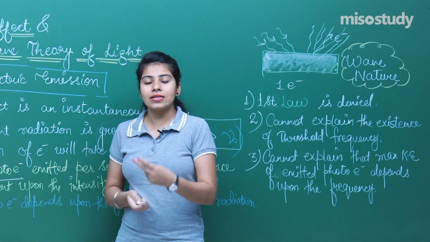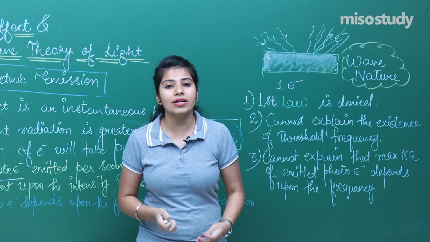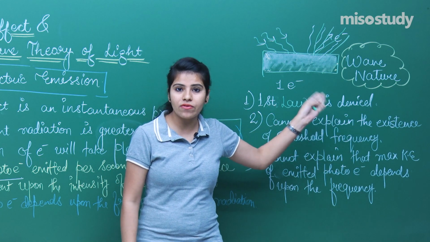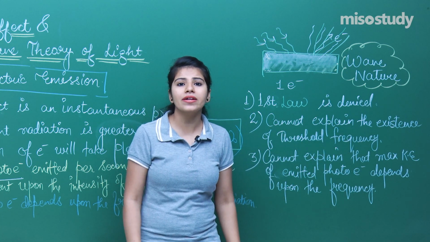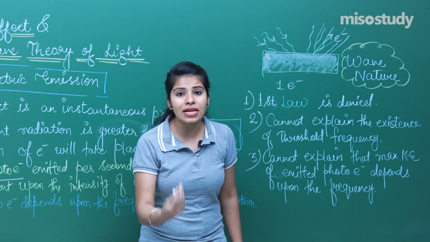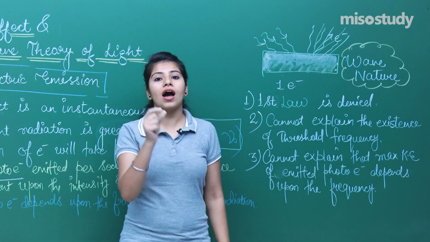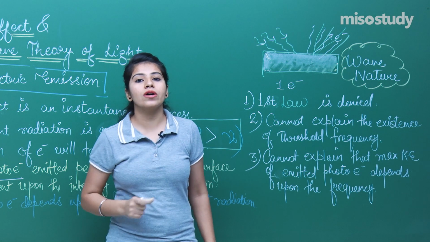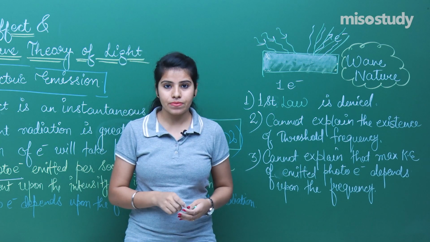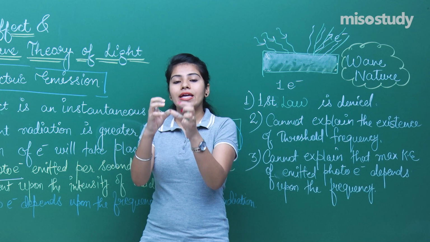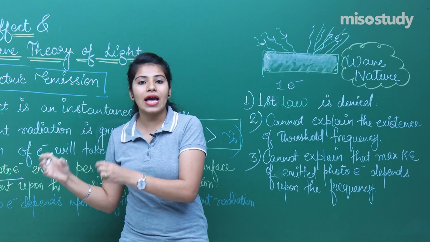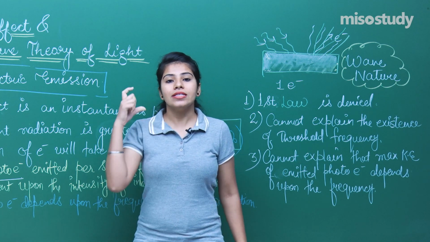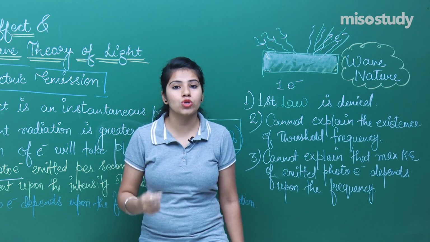And Einstein, the very brilliant scientist, concluded that if light is not showing the wave nature, then light is showing the particle nature. That means the radiations are formed by small packets, and these packets were called quanta. The quanta can together be called the photon. We said that light is composed of photons.